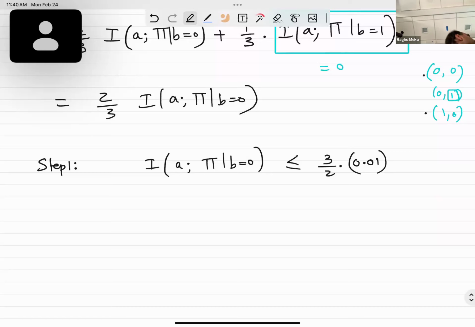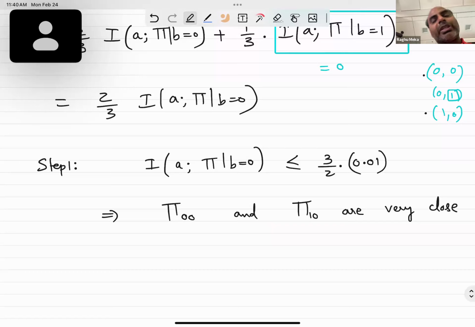Okay. And the protocol is giving you so much information about A that the entropy has dropped from full to 0.001. And you can use this to argue that this implies that pi 0,0 and pi 1,0 are very close.